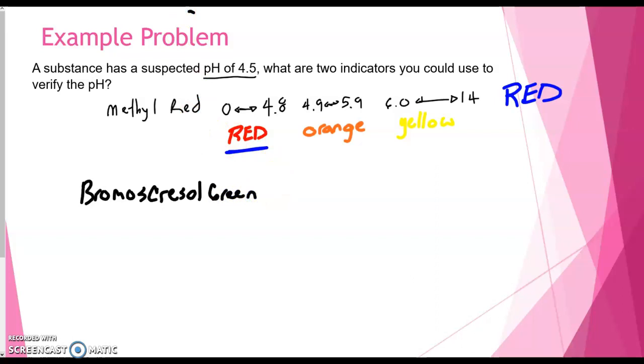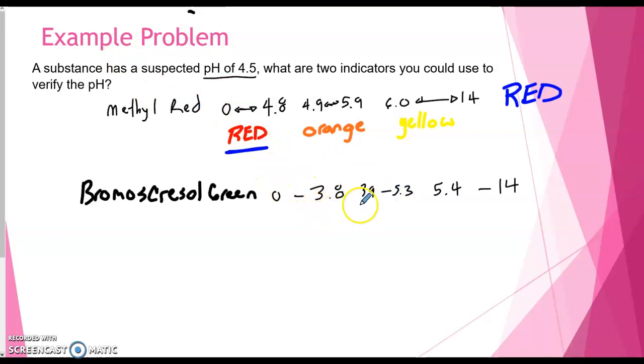Bromocresol green has a range of 3.8 to 5.4, and that goes from yellow to blue. From 0 to 3.8, we're going to have yellow. From 5.4 to 14, we're going to have blue. And then 3.9 to 5.3, we're going to have the combination of those two.